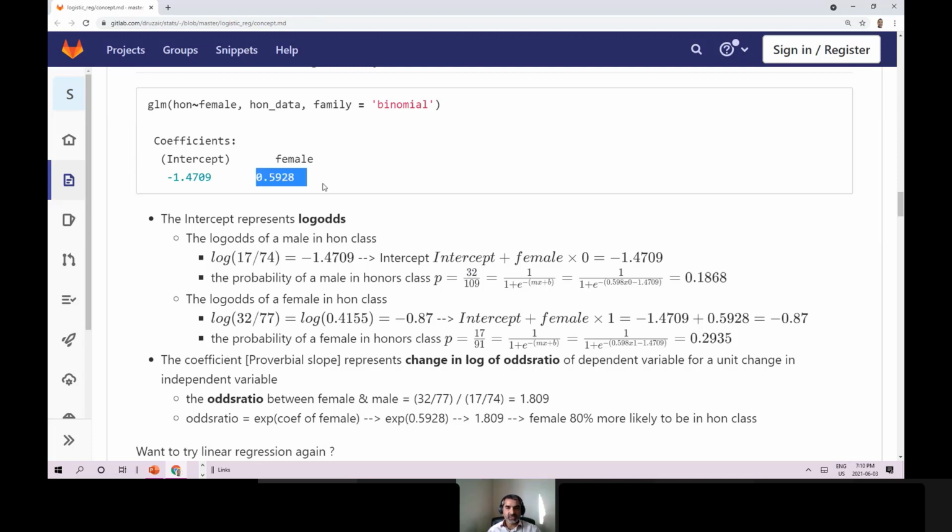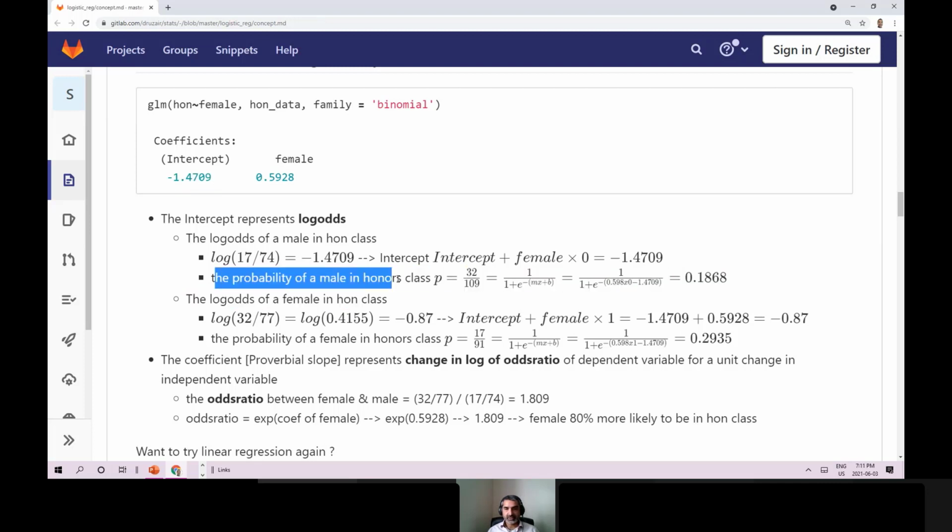So the weight for gender is 0.59828, and for the augmented feature of 1s, we have the weight minus 1.47, the intercept. In case of Perceptron, this means nothing, it's just a boundary. But in case of logistic regression, minus 1.47 means something.